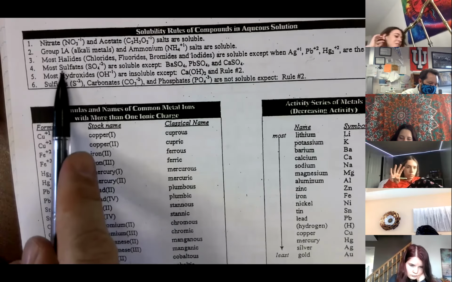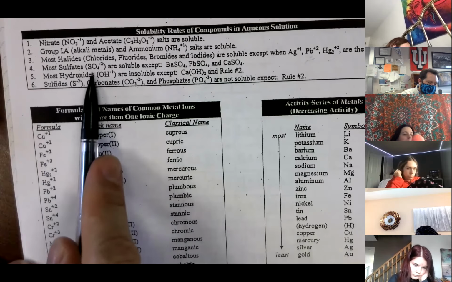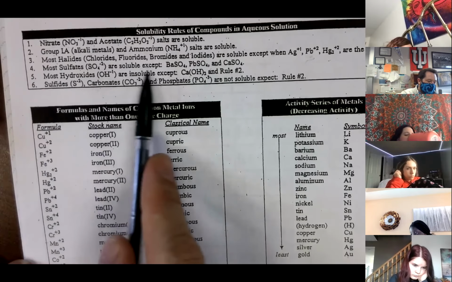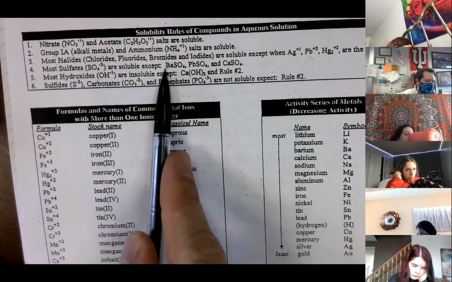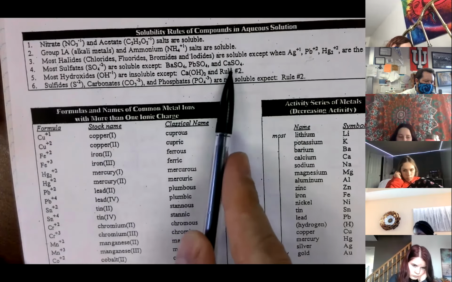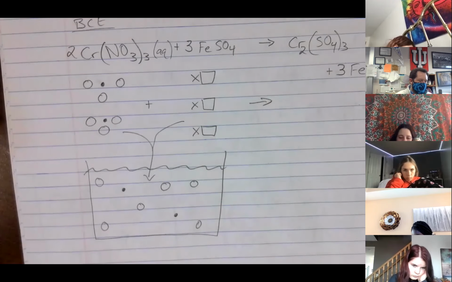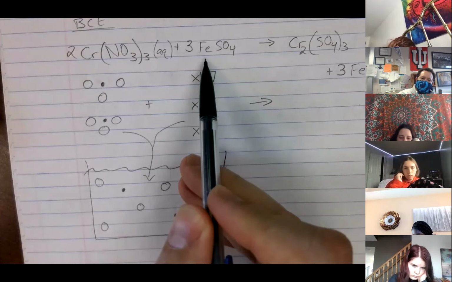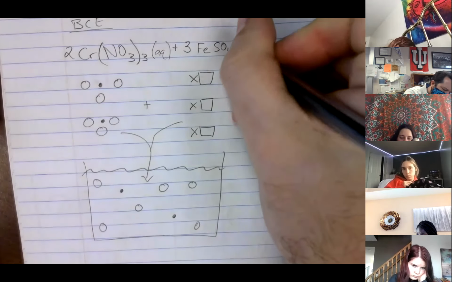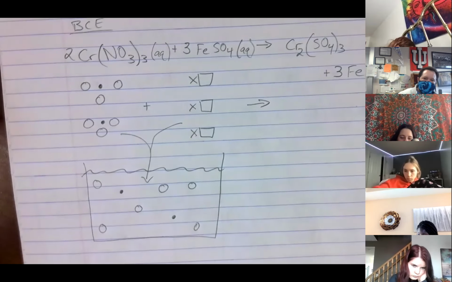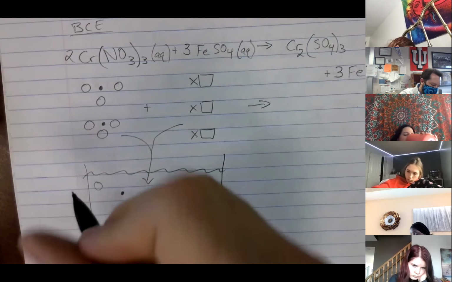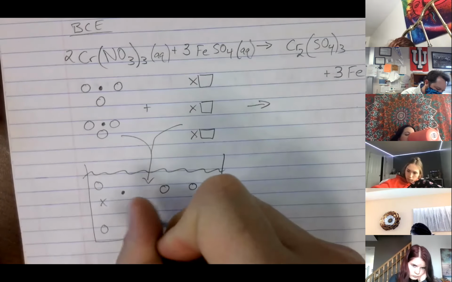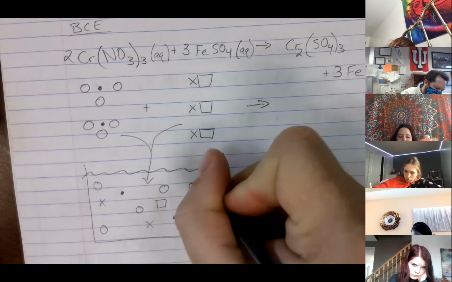Rule 4 is our sulfates. SO4 -2. They are soluble. There's a couple of exceptions. Barium, lead, calcium. We don't have barium, lead, or calcium. We have iron, so this is soluble. So aqueous. So that means I'm going to get 3 X's and 3 squares.